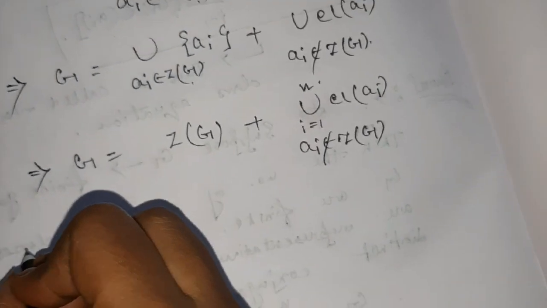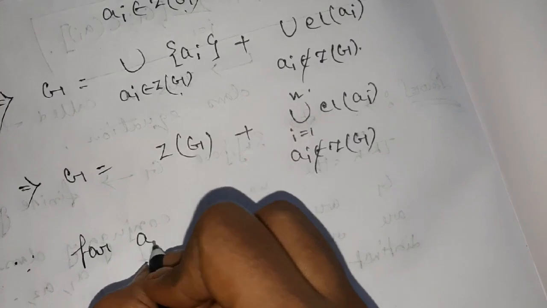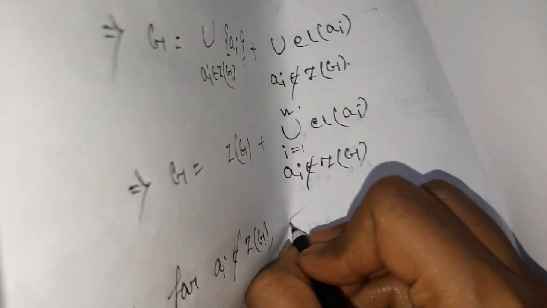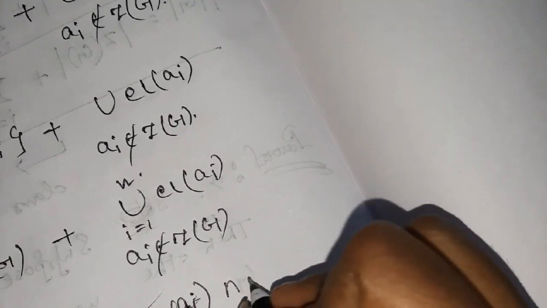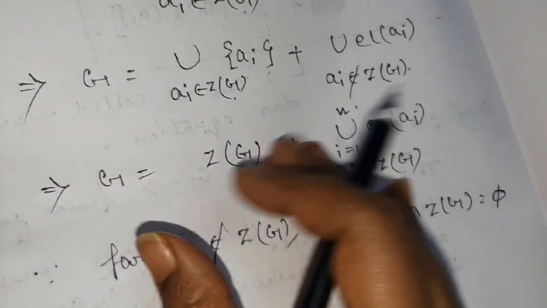Now since for AI does not belong to ZG, class of AI intersection ZG equal to phi, therefore now we can write it in terms of cardinality.